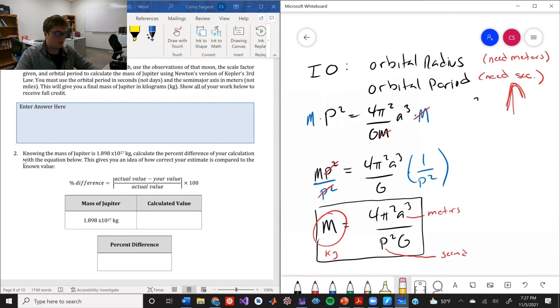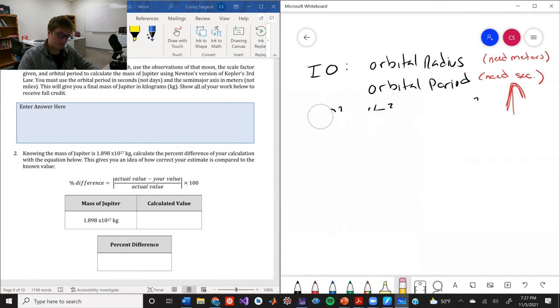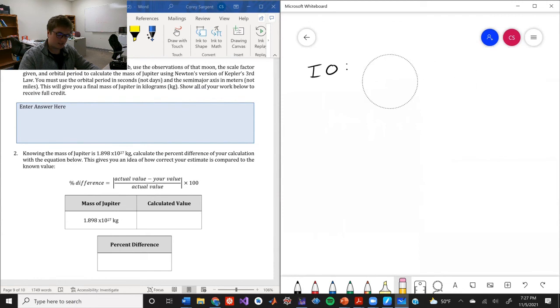For question 2, the last problem on this lab, you're going to find the percent difference between your calculated value and Jupiter's actual mass. This is the second time in this lab that we're doing a percent difference, but we'll write it down again.